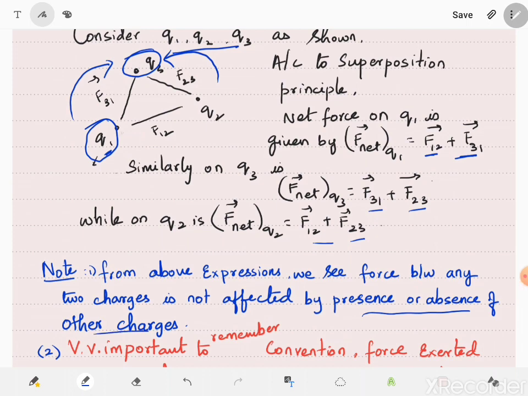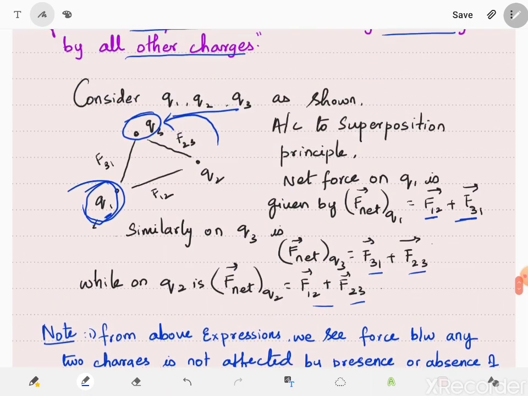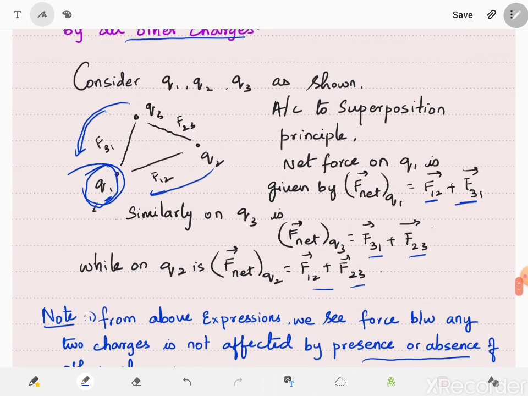If you take a look at the net force on Q1, the net force on Q1 is basically force due to Q2 on Q1 and force due to Q3 on Q1. And it does not get affected by the force here. There is another force between Q3 and Q2.